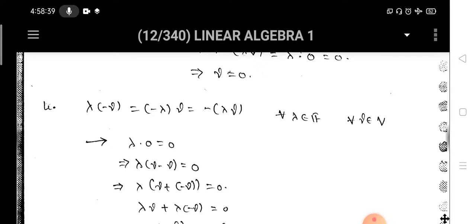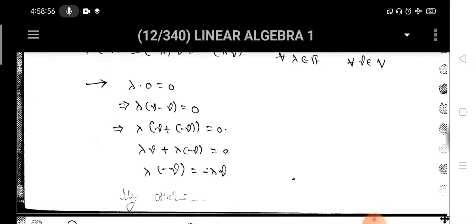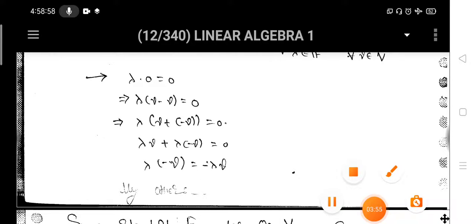Coming to property number 4, it says that lambda times minus of vector is equal to minus lambda times the vector, which is equal to minus times the product of lambda and vector. Again this is very simple to prove, as you can see from the proof given below.